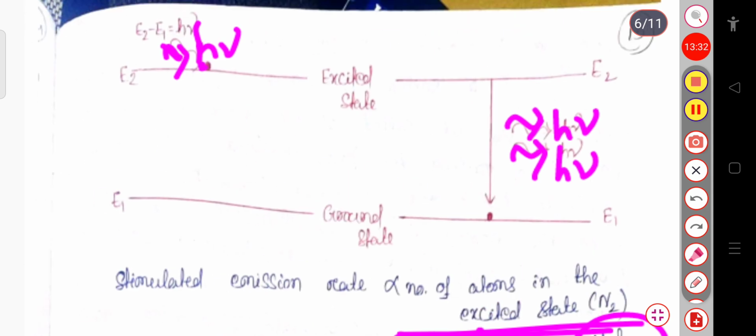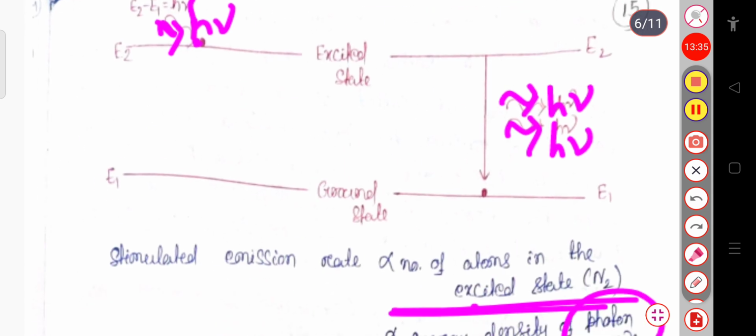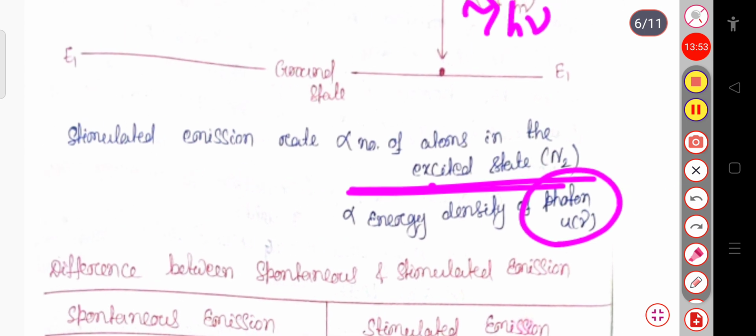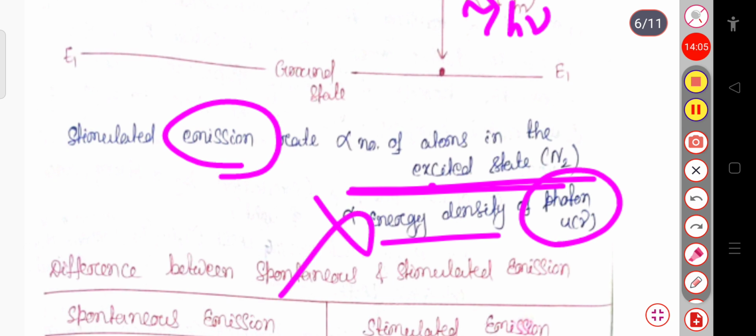Because whether it is stimulated absorption or stimulated emission, in both cases it depends on the density of the photons, since the amount of photons you supply stimulates the atom. But in the case of spontaneous emission, it does not depend on the energy density. Why? Because in the spontaneous case we are not giving any energy to the atom.